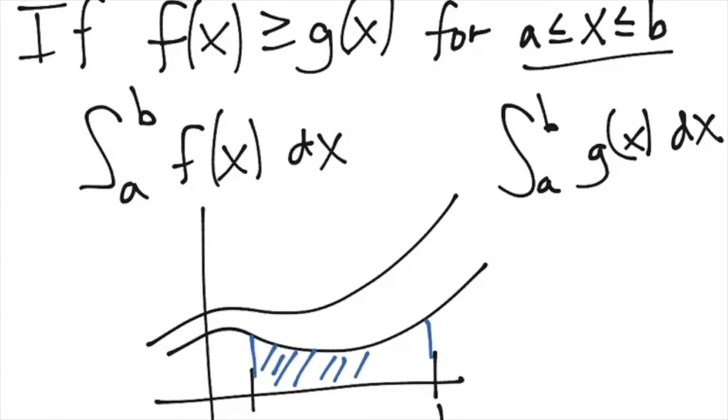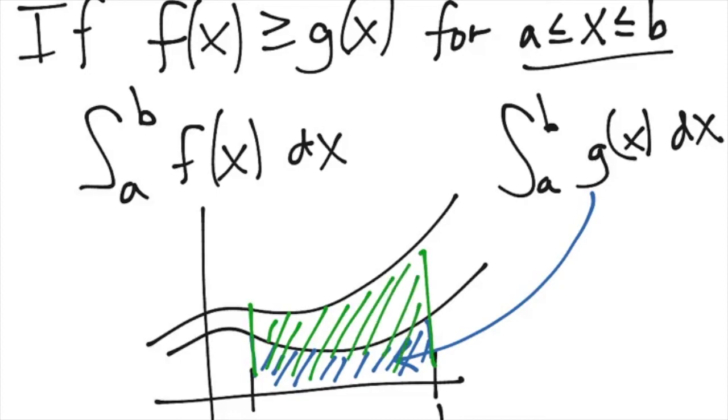So in blue, that is the integral from a to b of g of x. I'll put the other one in green here. In green is the integral of f of x dx from a to b. Hopefully what you should have come up with is that the integral from a to b of f of x dx had better be greater than, or equal to, the integral from a to b of g of x dx also.